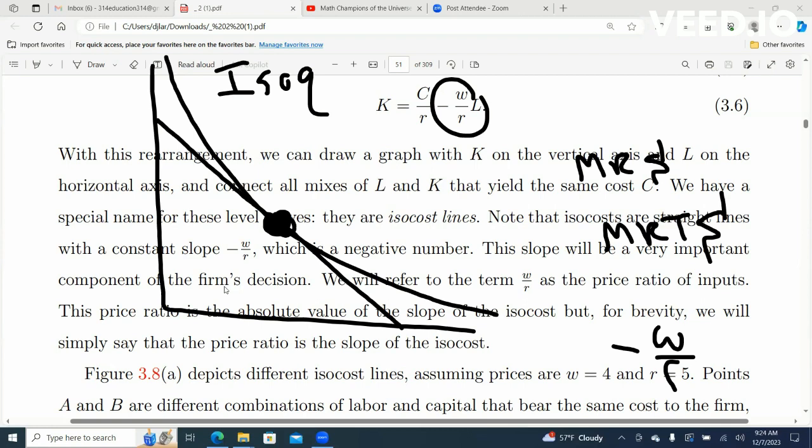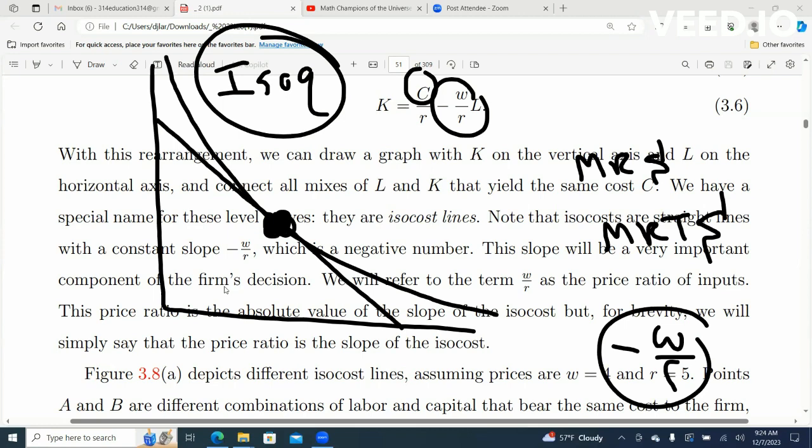The one point where an isoquant and an isocost intersect, that's the whole point of both of them. We want to be at that point where they intersect. So that's a basic point that we're trying to get at here.